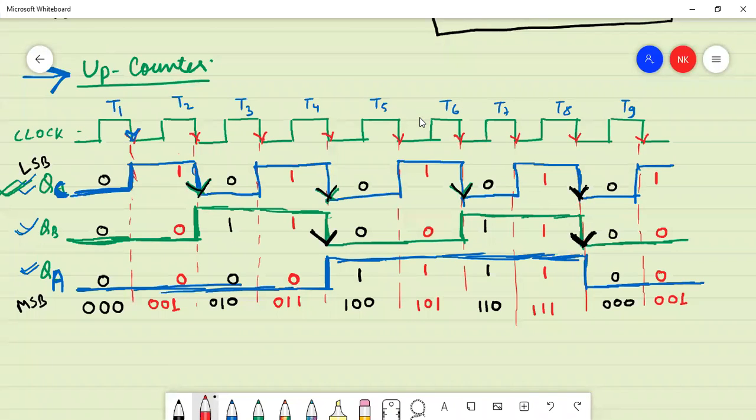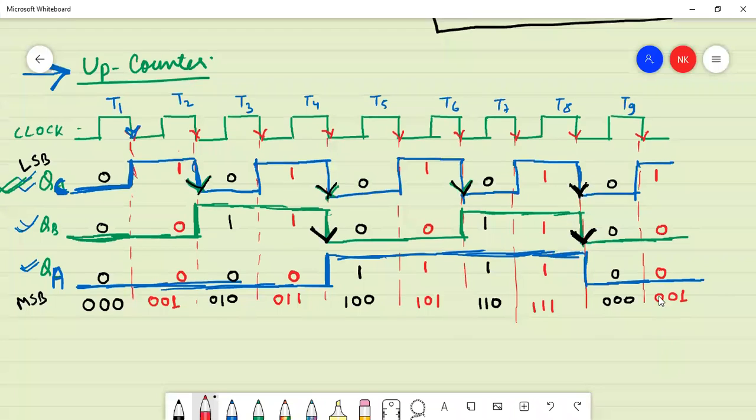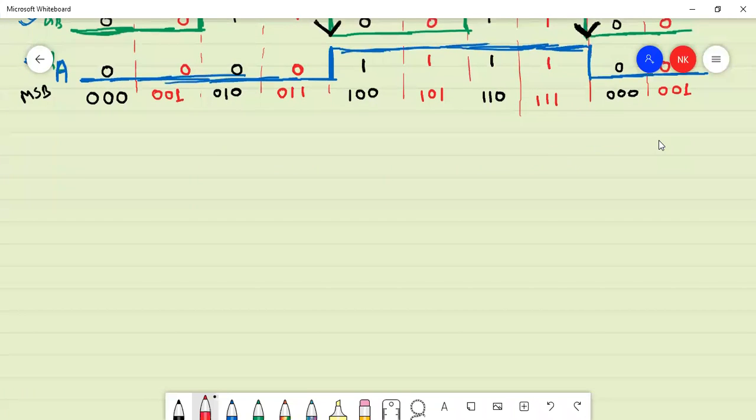Okay, so what you are observing here, after T8 clock, it has restarted counting. Okay, so what we can see here is that we have got the values of QA, QB and QC.